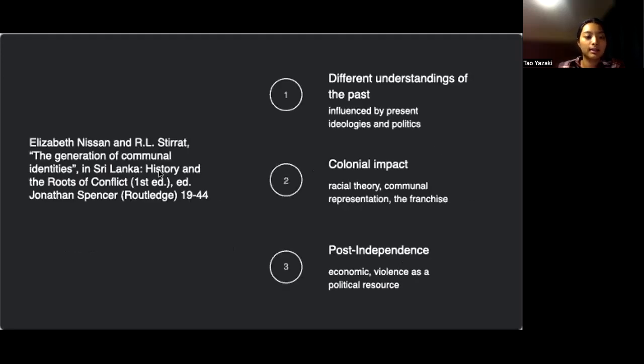The first text is titled The Generation of Communal Identities. So this looks at different understandings of the past and how these different understandings are molded by present ideologies and present politics.